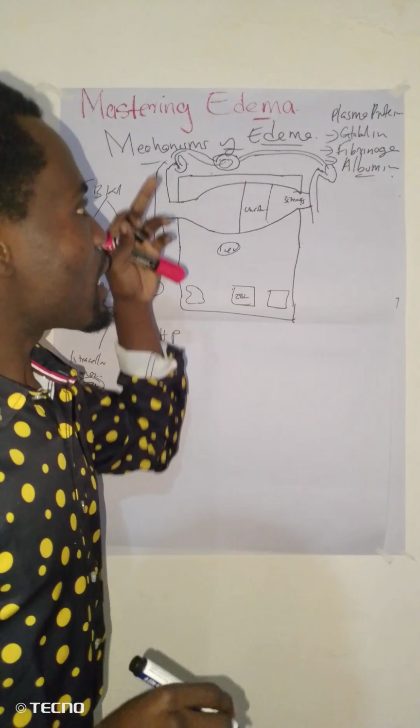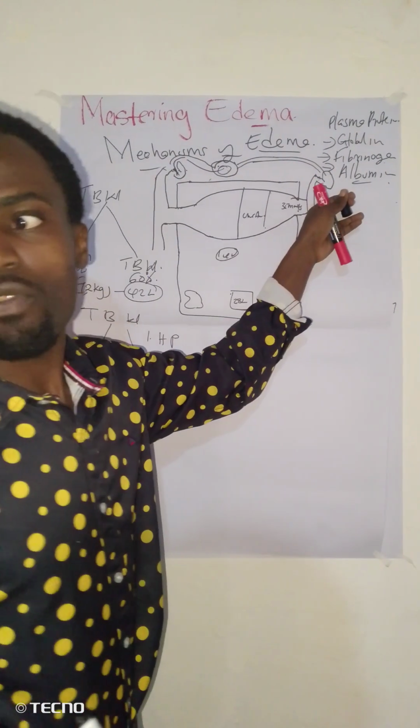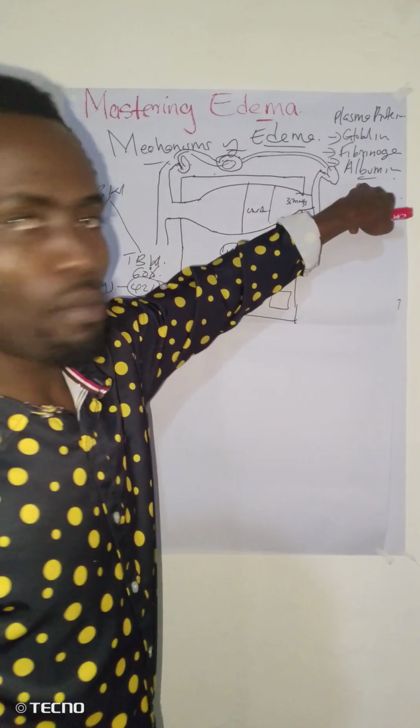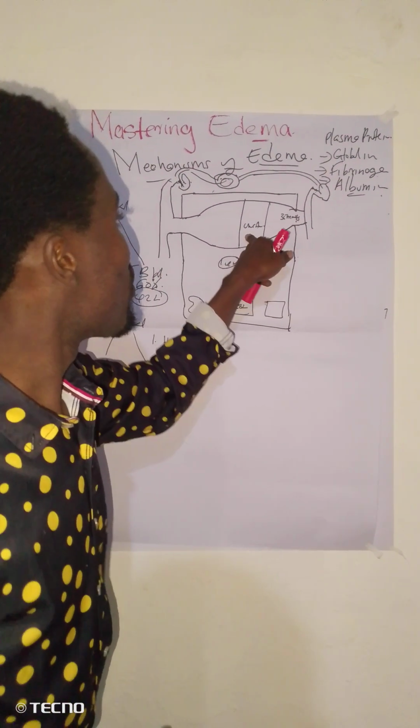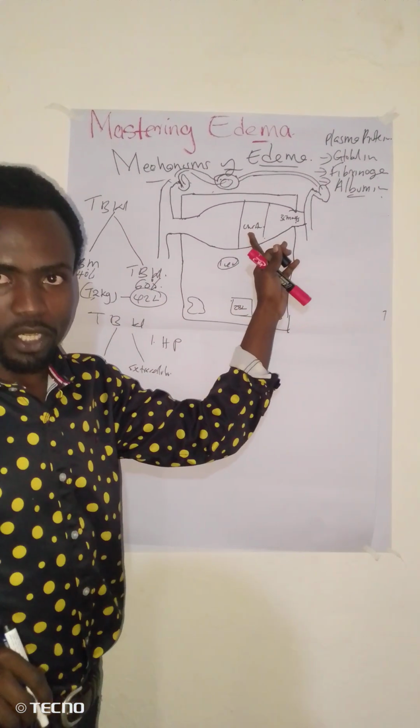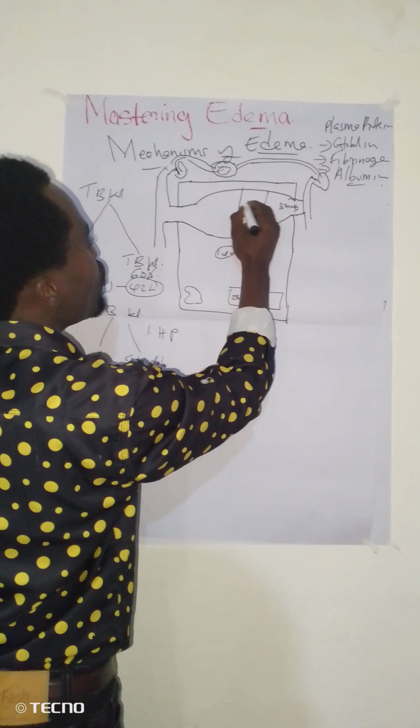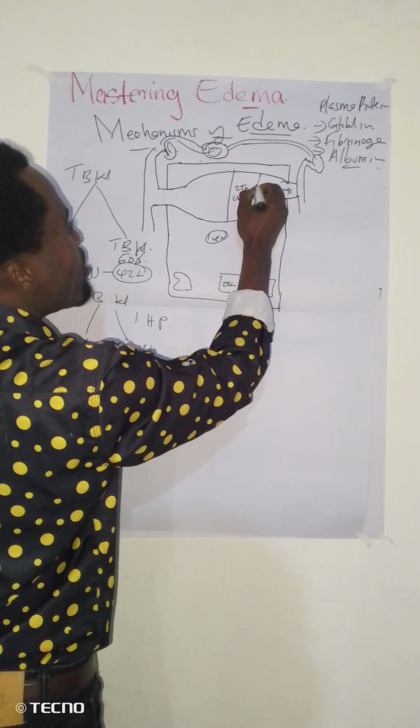The major, classic plasma protein we focus on is albumin. This albumin is what determines the oncotic pressure, and in the normal case it is always 25 millimeters of mercury.